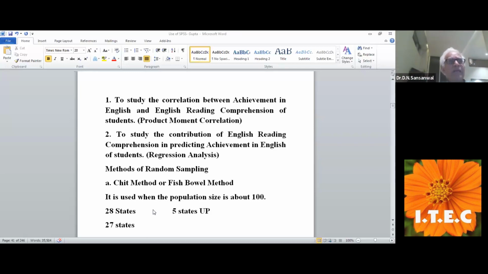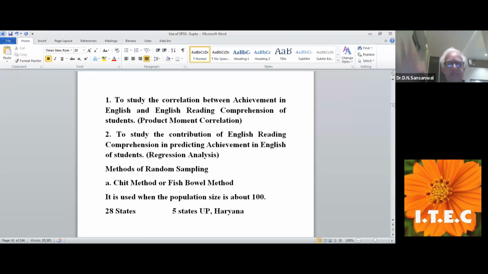Therefore, in order to keep the probability the same, you have to replace that slip again, so that your total slips in the container will always be 28. Now you shake it well and you take out one slip. Now one slip comes to Haryana.